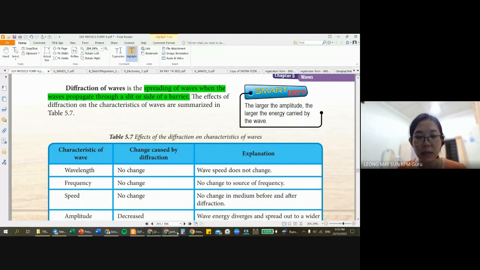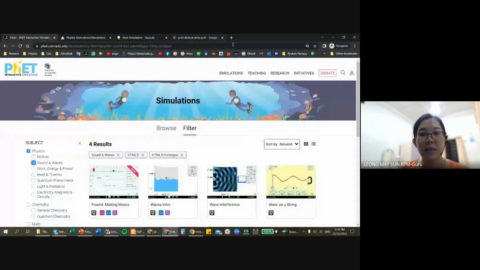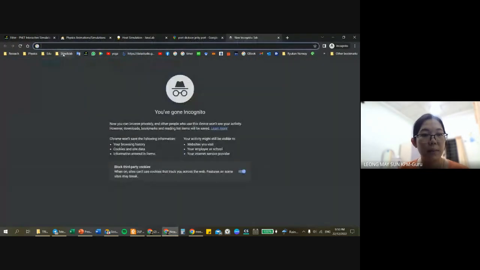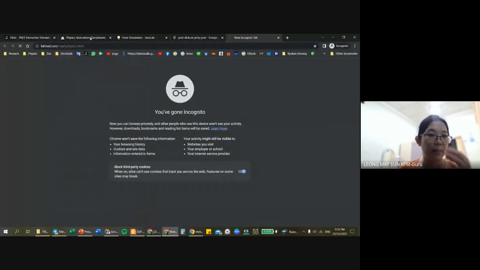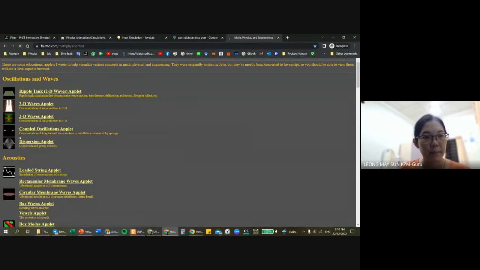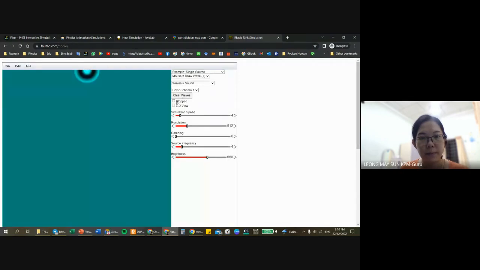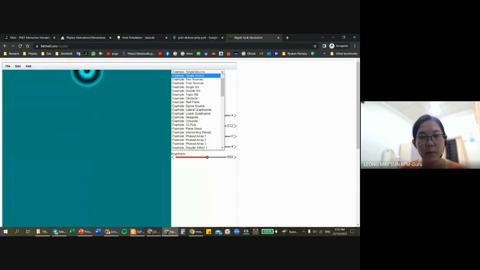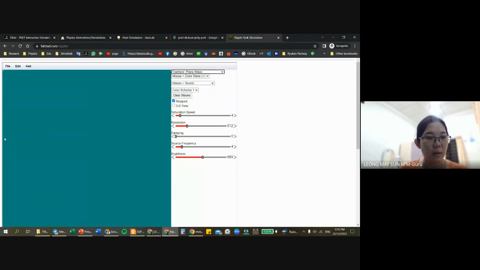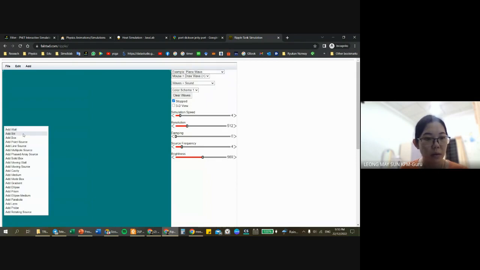Okay, in terms of simulation, alamak, I took out the simulation. So I'm going to make this a plane wave, and I'm going to add a slit.